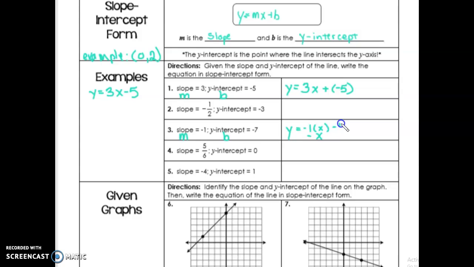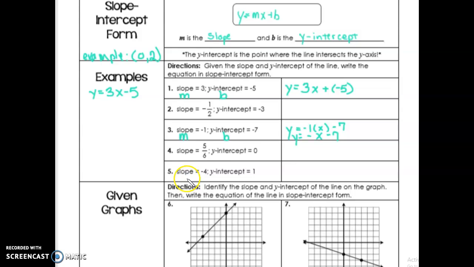I'm going to have this as take away 7. Either one of these is correct. But the way you're going to see it represented is like this.